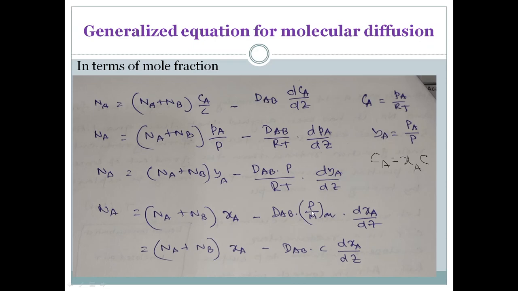Total C is the total molar concentration, which is the mass concentration, or density of the solution, divided by the average molecular weight. So Na will be Xa times (Na plus Nb) minus DAB into C, dXa by dz, isn't it?